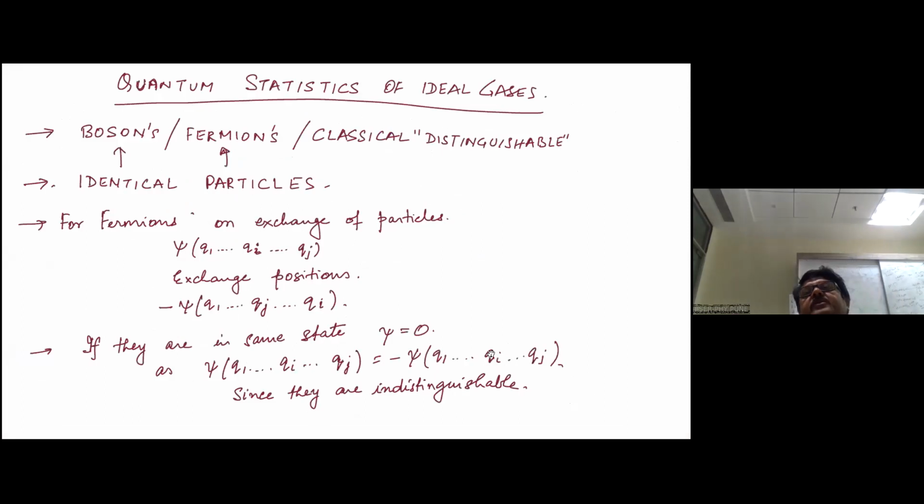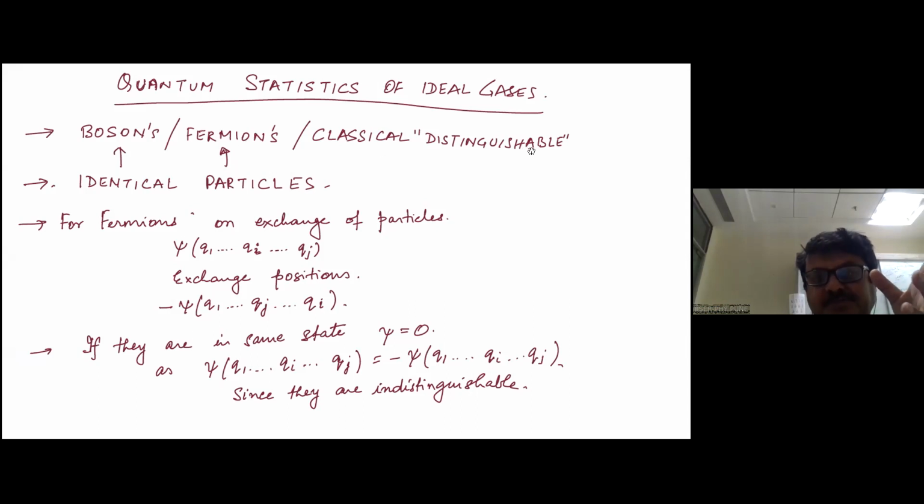We have to apply quantum statistics of ideal gases. I will just briefly go through some other quantities and then we'll come back to black body radiation. This was just the motivation of why we are studying black body radiation. You might already know that all basic matter, the constituents of matter, can be divided into bosons and fermions, and classical distinguishable particles.